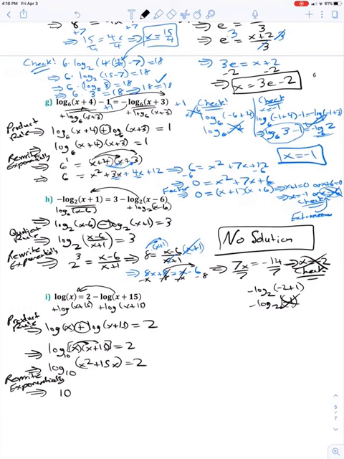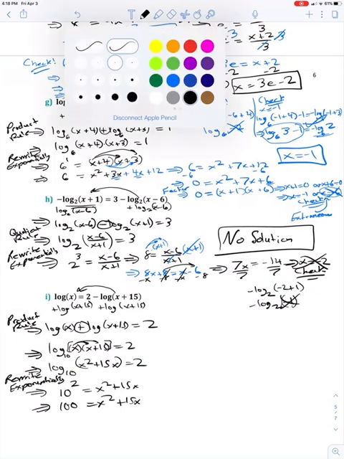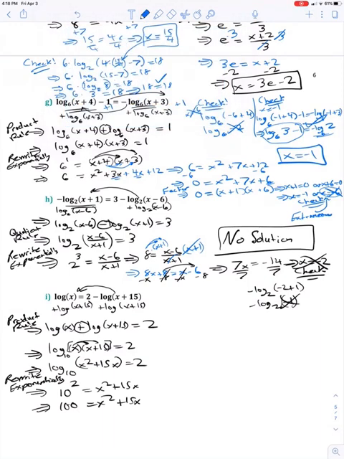So 10 to the second power must equal x squared plus 15x, which means 100 equal x squared plus 15x. As we're solving, a quadratic equation results, and we need to set it equal to 0 to solve it. So we end up with x squared plus 15x minus 100 equal to 0.